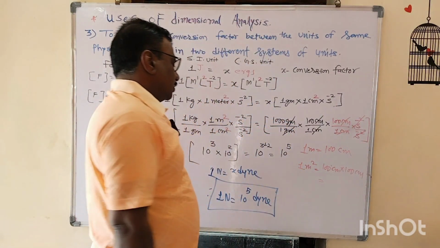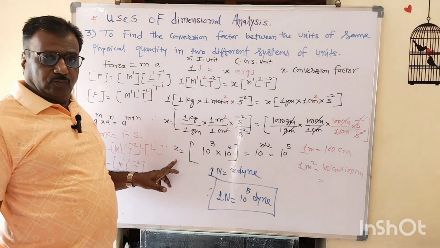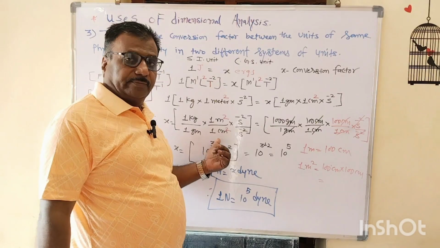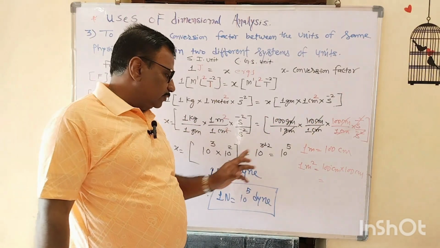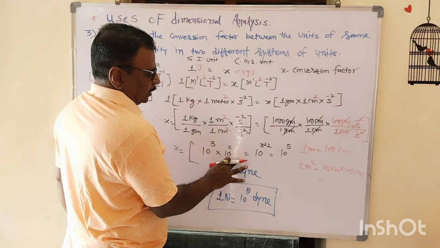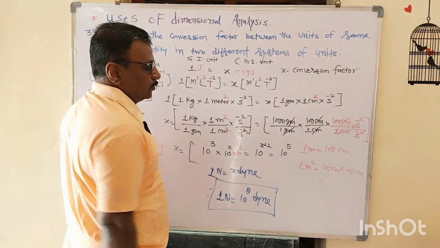Now we can write X equal to 1000, which can be written as 10 to the power 3. 100 can be written as 10 to the power 2. Another 100 can again be written as 10 to the power 2.